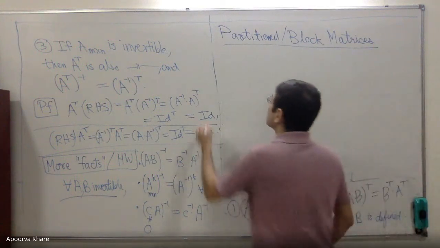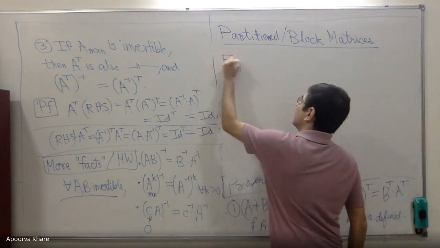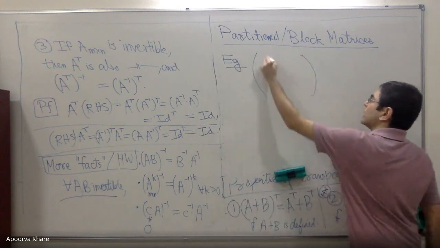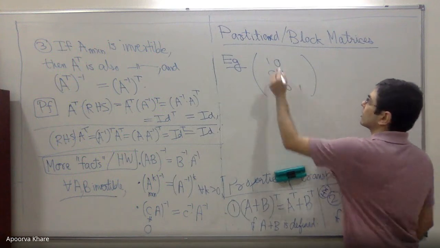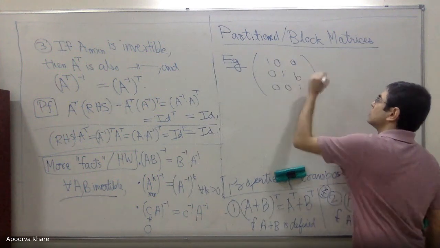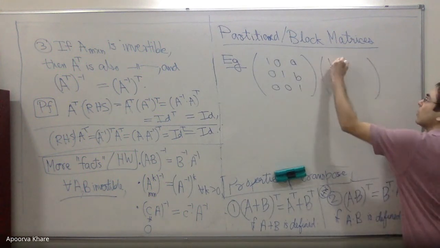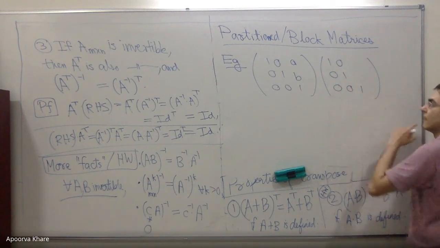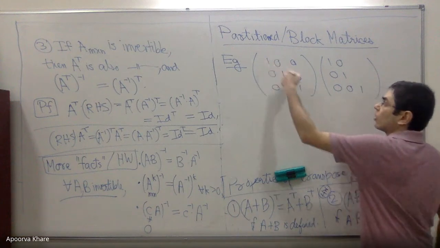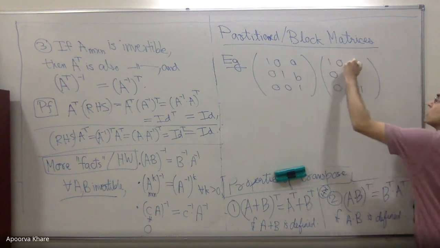So let me show you an example. Suppose I have two matrices: 1, 0, 0, 1, 0, 0, 1. These entries are all completely ones and zeros. And then I multiply by 1, 0, 1, 0, 0, 1. It's not just the entries below and on the diagonal, but one extra entry is 0.